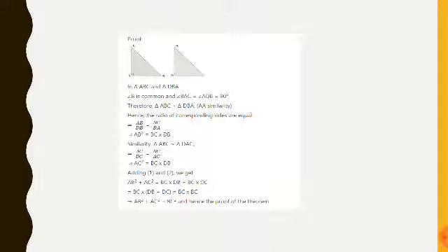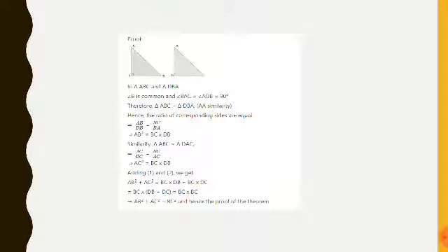So the ratio of corresponding sides are equal. AB by DB equal to BC by BA. Then cross multiply, AB square is equal to BC into DB.